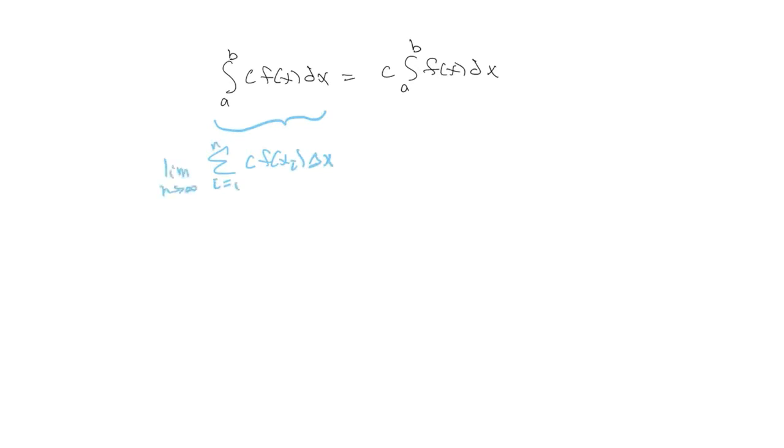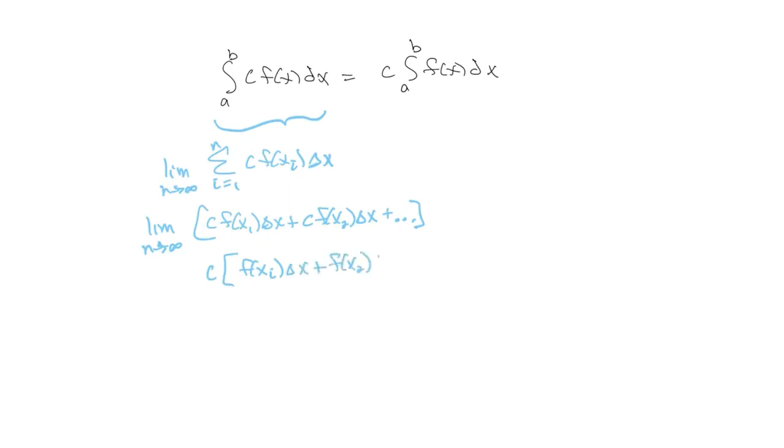Now if I expand that summation for a moment, the summation is really c times f of x sub 1 delta x plus the constant times f of x sub 2 delta x plus dot dot dot. Now I still technically have this limit process that I'm carrying. But if we think about just factoring, each of these terms has a common factor of c. So I could pull the constant out and then just sum up all of those terms.